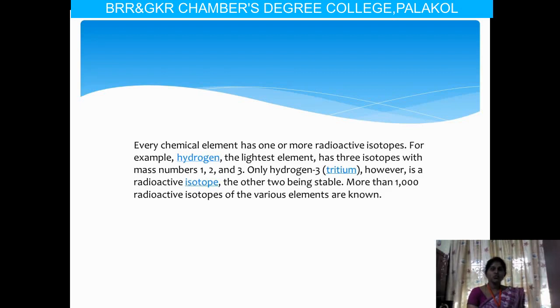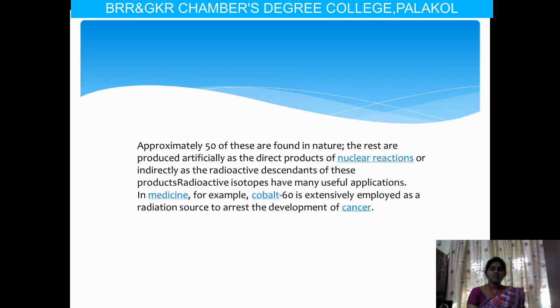The other two are stable forms. More than 1000 radioactive isotopes of various elements are known, for example helium, tritium, palladium. Approximately 50 of these are found in nature.